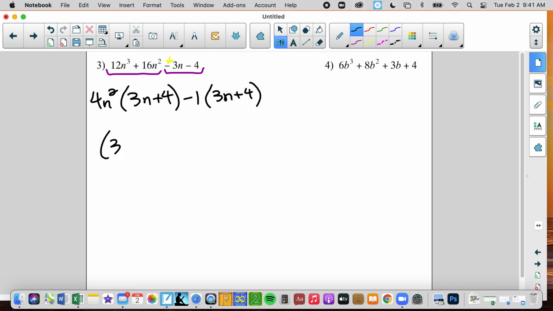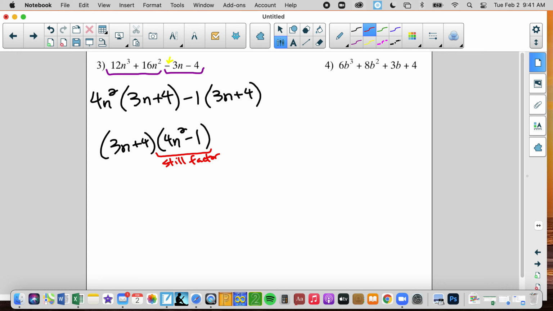So 3n plus 4, 4n squared minus 1. Oh, also tricky. Didn't mean to do that. We'll deal with it. This is going to come later after our assessment. We can still factor this. How do I know that?